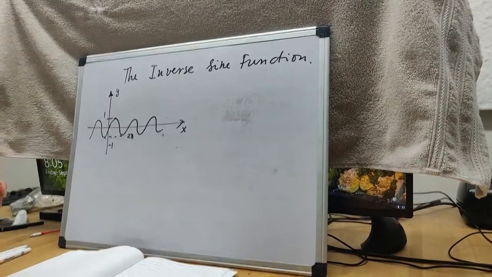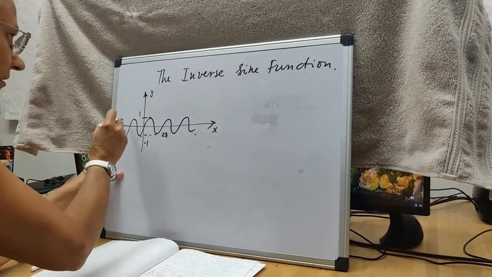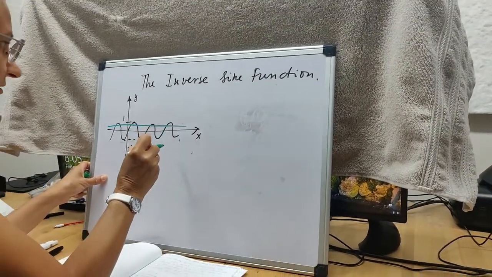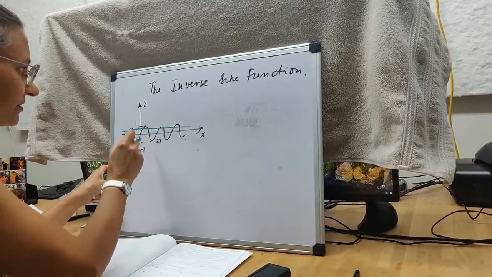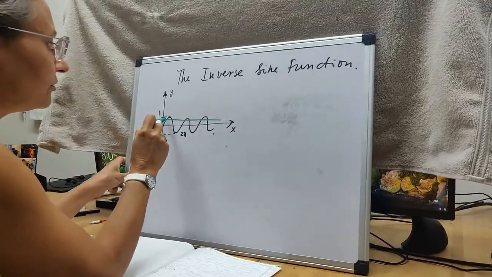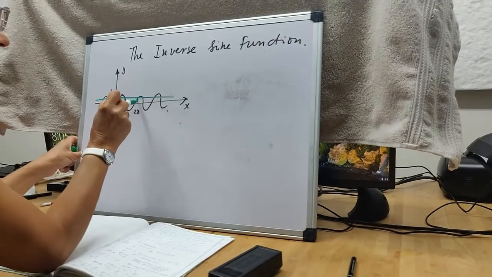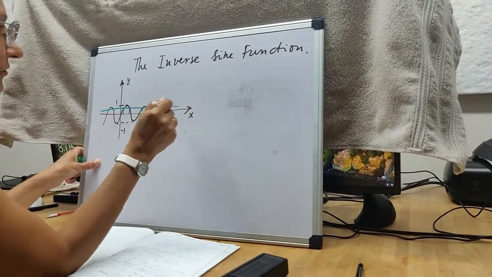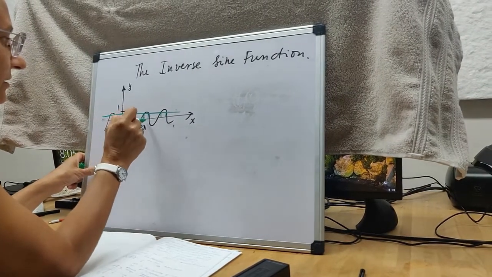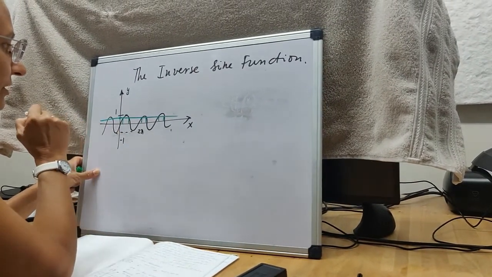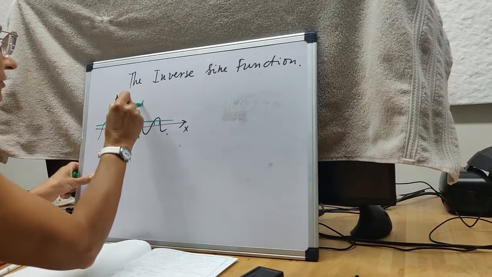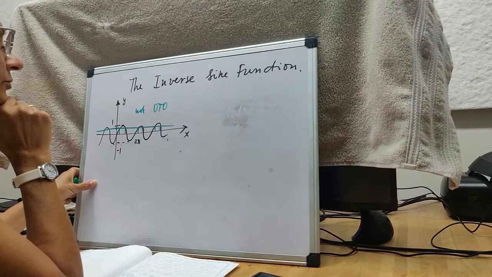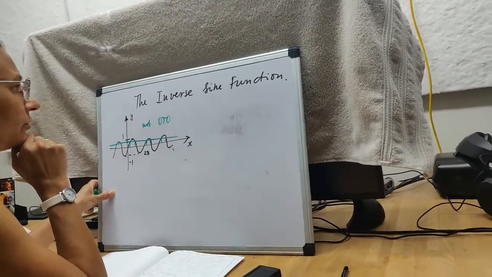If I draw a horizontal line within the range, it is going to intersect the function infinitely many times, not 2 or 3, but as far as it goes to infinity. If I draw a horizontal line outside the range, it's not going to intersect anything. And all these x's are different, and y is going to be the same for all of them. So the function is not one-to-one. Well, people still want to know the inverse. Why? Because they want to go back.